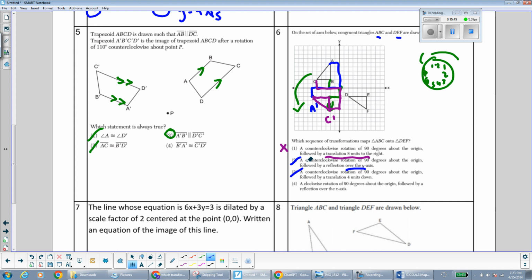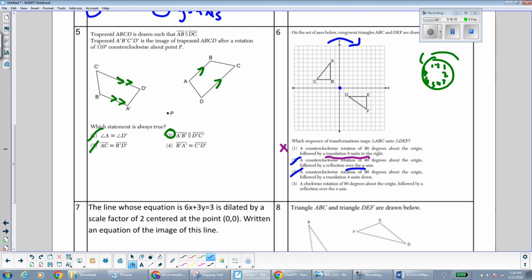And the next one is a clockwise rotation. So a clockwise rotation followed by a reflection over the x-axis. So, I mean, I don't know until I try it, so I'm going to try it. A clockwise rotation is going to be in the other direction, so let's do it here. And this one is ending up being a little bit time-consuming.